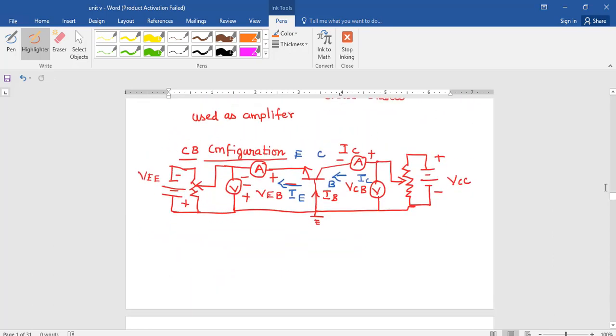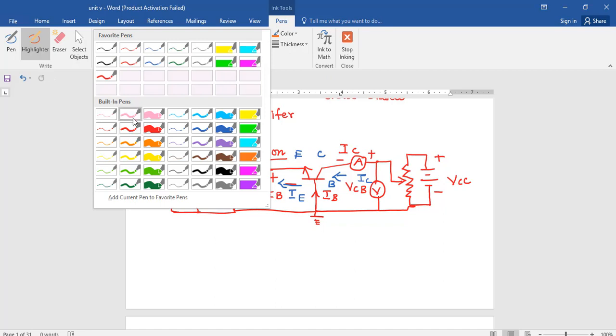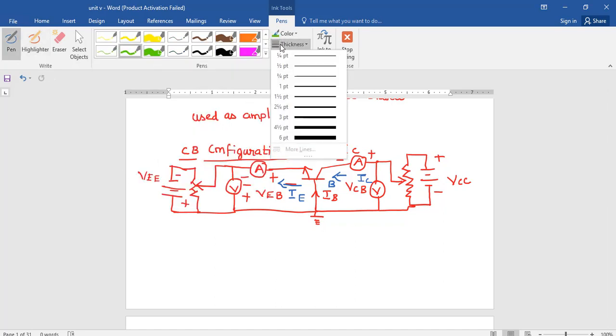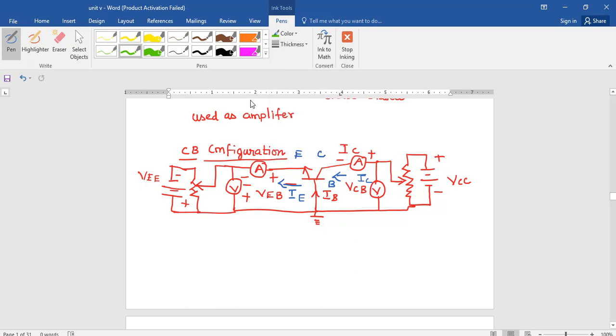Next one is your CB configuration. In CB configuration, base is common.